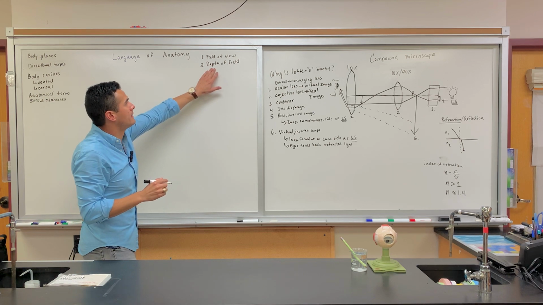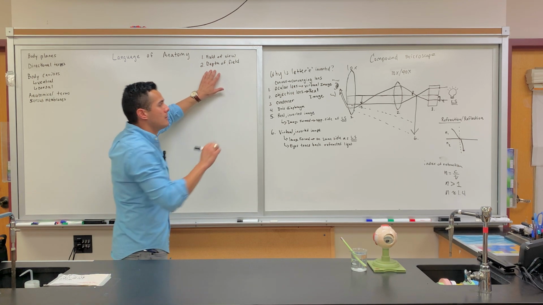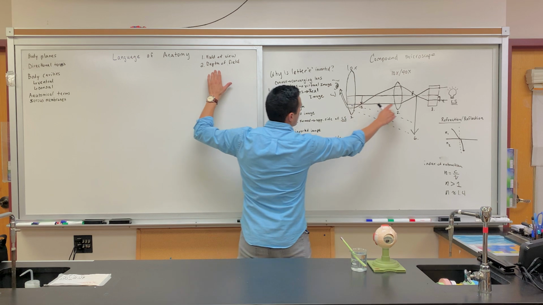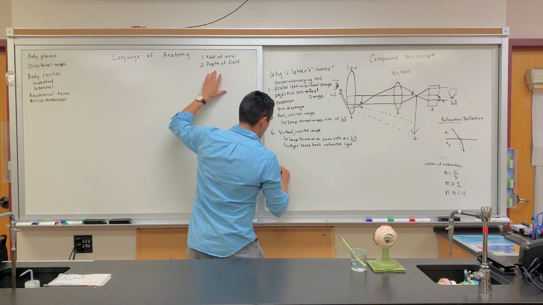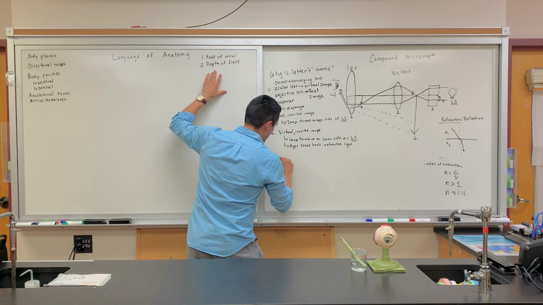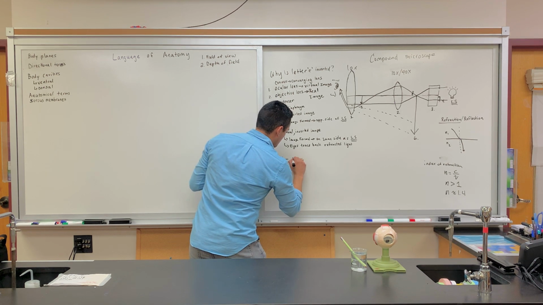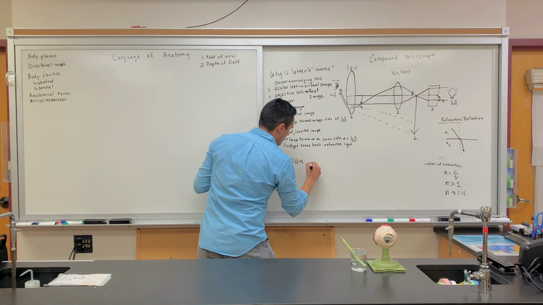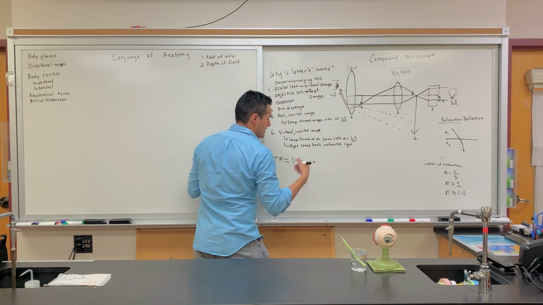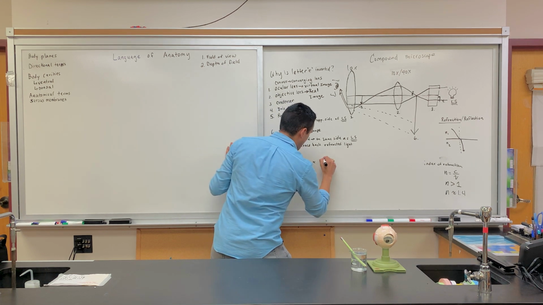But before I get into this, we also need to calculate the total magnification. So the total magnification is going to be equal to what whenever we're in, let's say, low power. What is the total magnification?